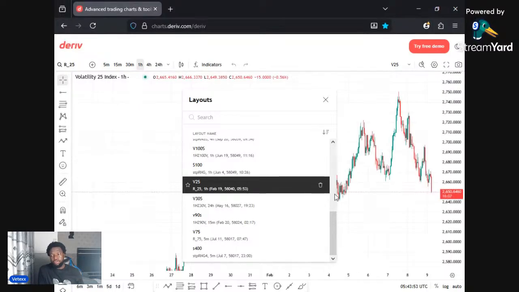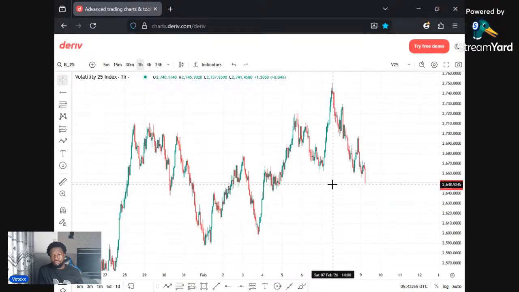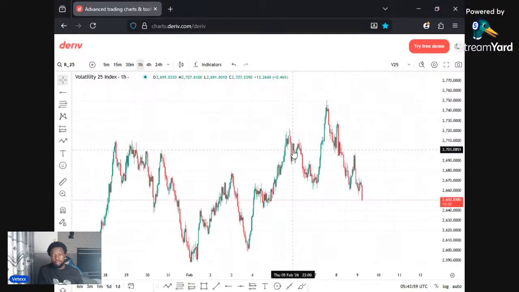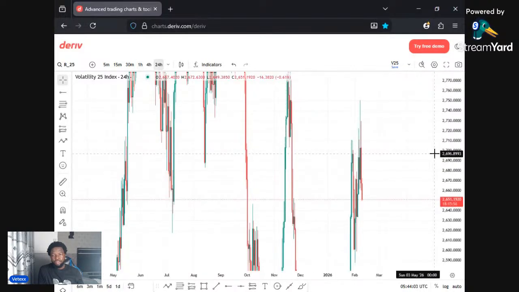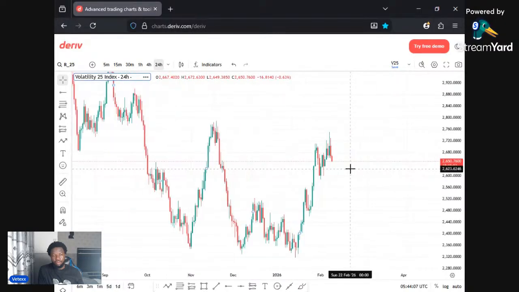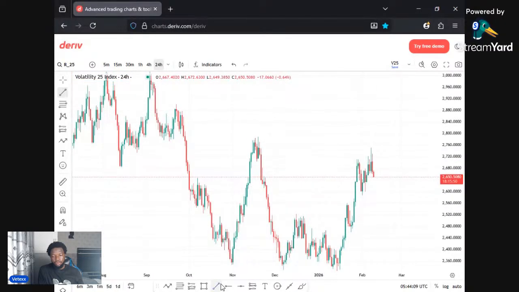What do you have on V25? Starting from the 24-hour time frame, this is what I personally have been anticipating. We have this sweep of liquidity.